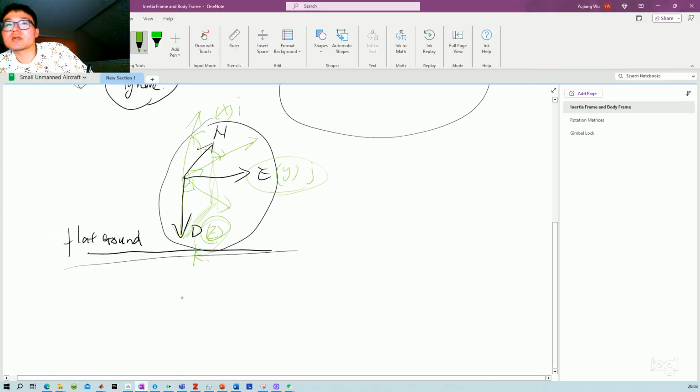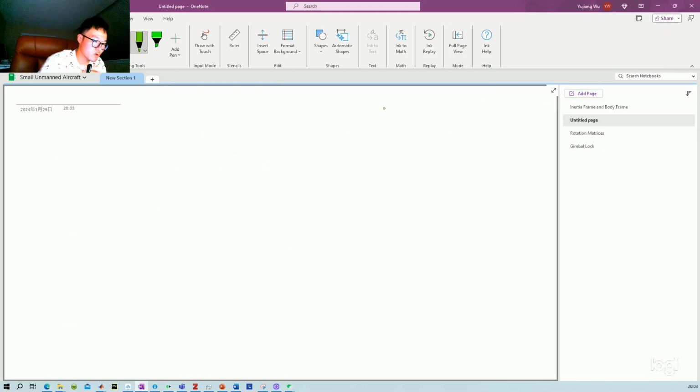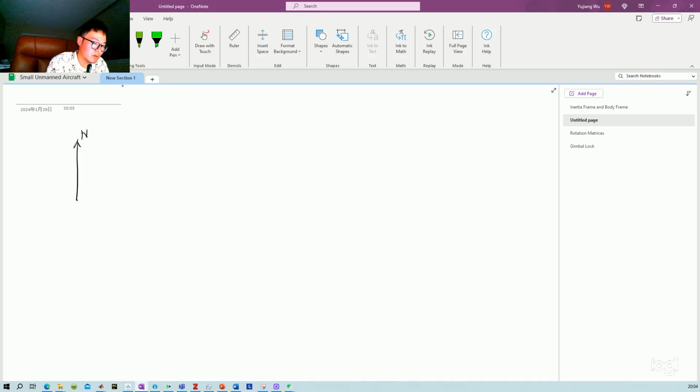In this case, let me give you a little bit more explanation. Let's say this is north, and the plane itself is flying in this direction. In this case the yaw angle is defined by your body frame. This is your iB.